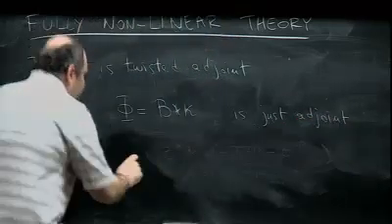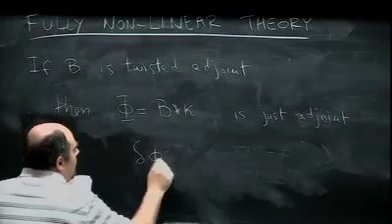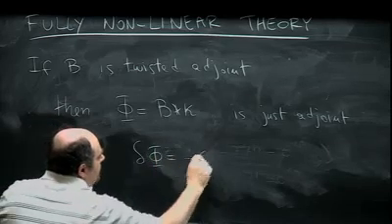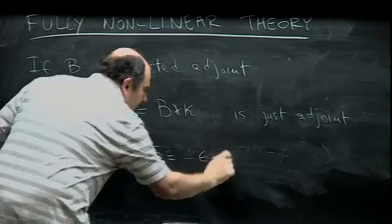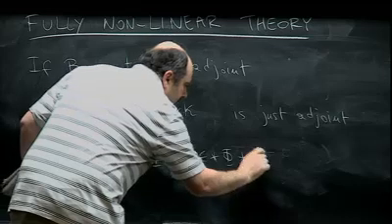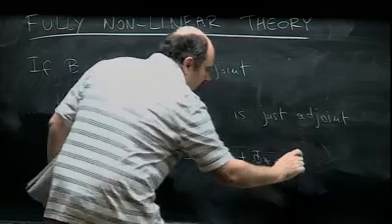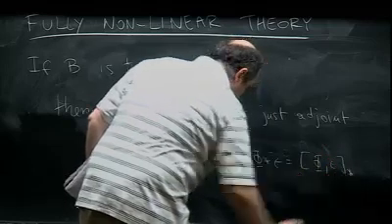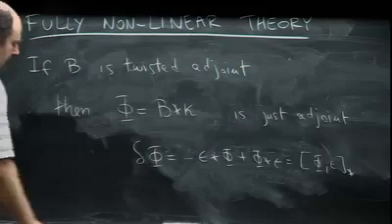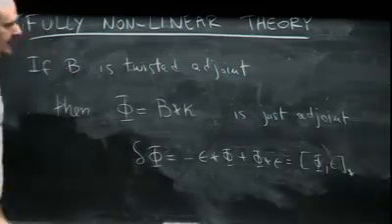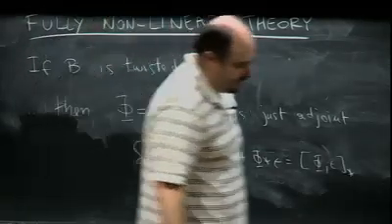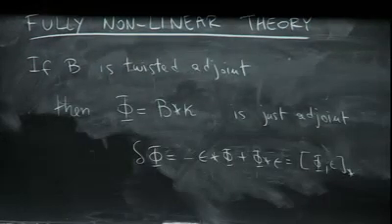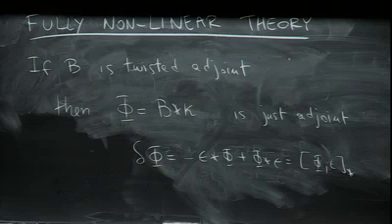So you can show that phi transforms just as a usual adjoint. Okay, so this fact then allows us to write down very easily a set of equations which are automatically gauge invariant and consistent.